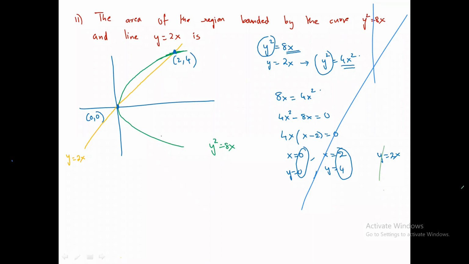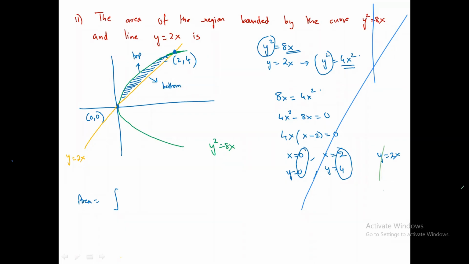Now, as per the question, you have to find the area of the region bounded between these two. How will you find the area? By taking the integral of the top curve minus the bottom curve.